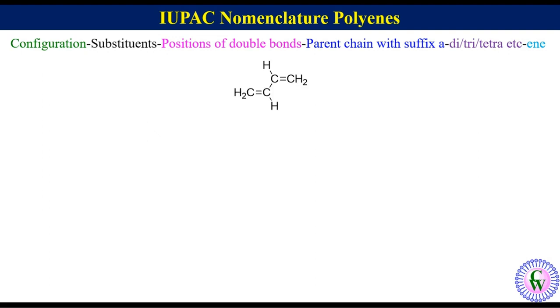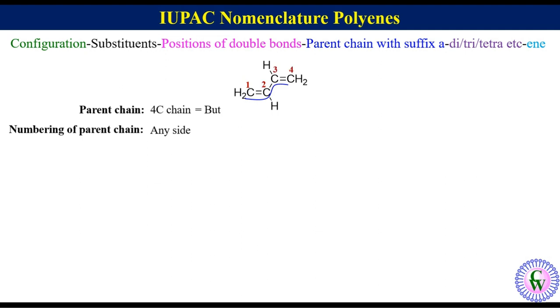In this molecule, this is parent chain with 4 carbon atoms. It will be called as but. You can number the chain from any side as 1, 2, 3 and 4. Position of double bond, it is 1 and 3. Substituents, there is no substituent. Number of double bonds, it is 2.